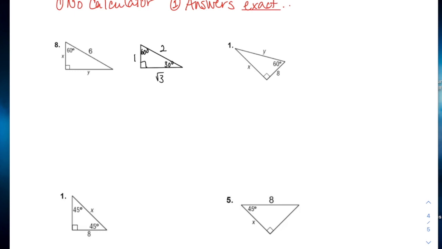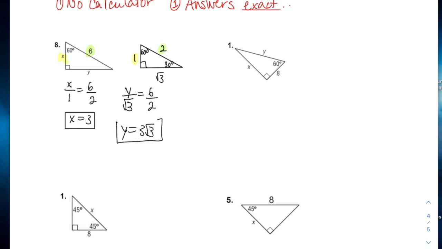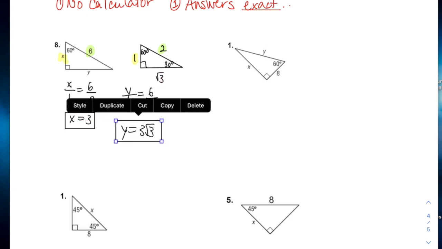So I can say that x over 1 equals 6 over 2. And it becomes very easy. So I get x equals 3. Similarly, if I have y over root 3 equals 6 over 2, I get y equals 3 root 3. So no decimal required, no calculator required. We can just solve these sides.